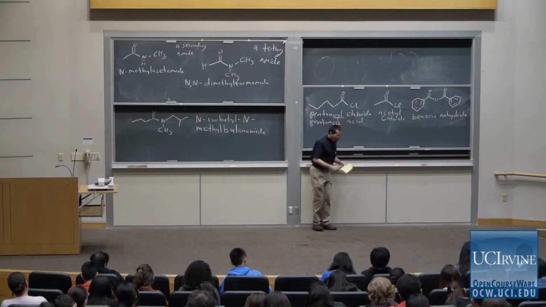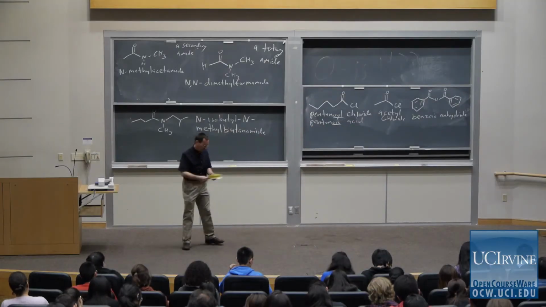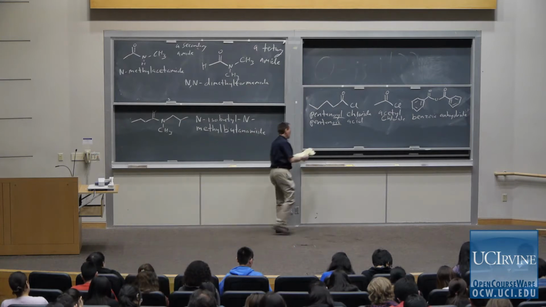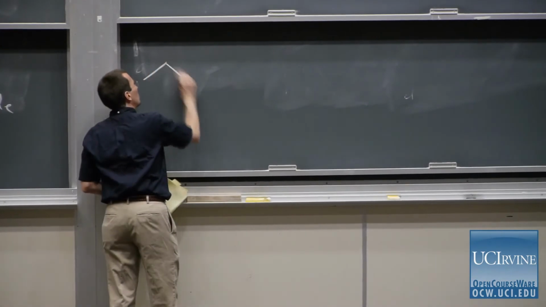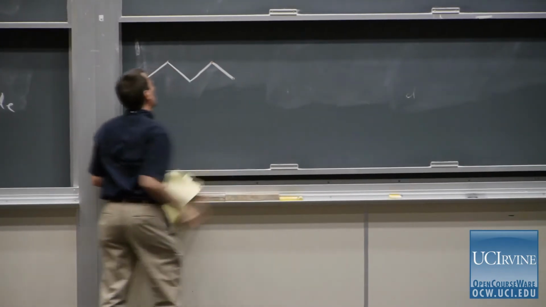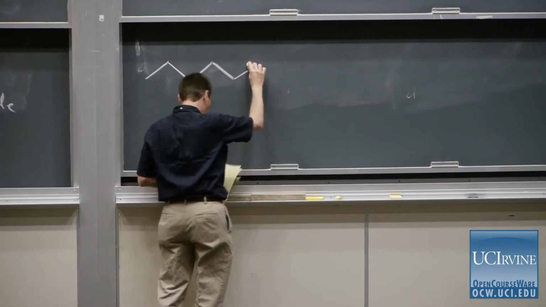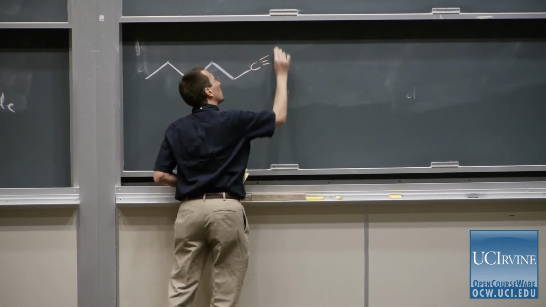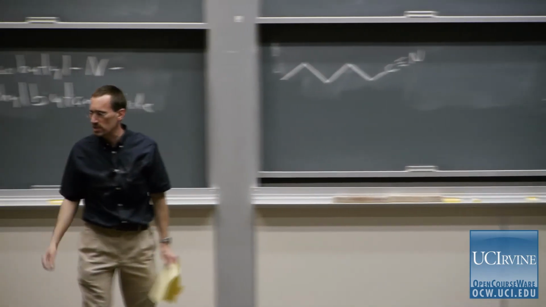All right. Last class of compounds I want to talk about in the family is nitriles. And so I'll just take the nitrile that's related to hexanoic acid, the one that has 6 carbons in it. You might draw it with C triple bond N. You might draw it just as CN.